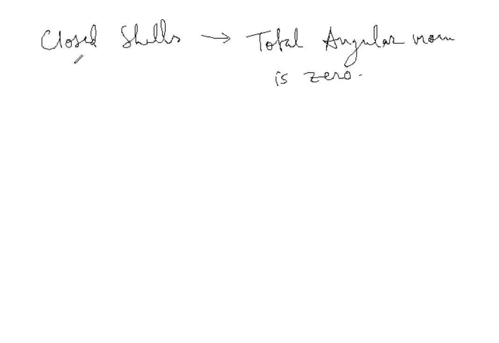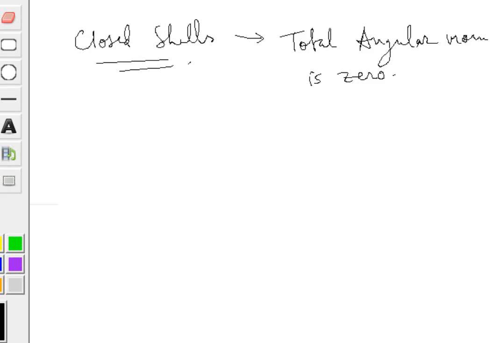Okay, now I would like to show this to you. This is a very interesting application also, and this basically simplifies our life, and we are able to do shell model calculations very nicely because of this.